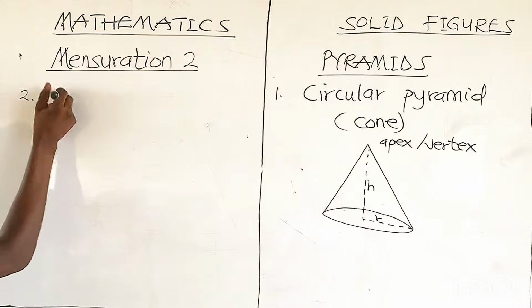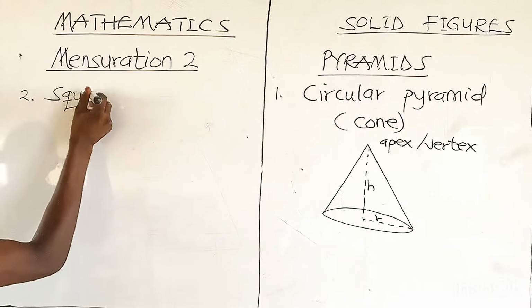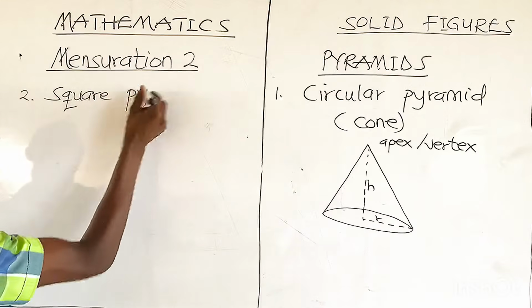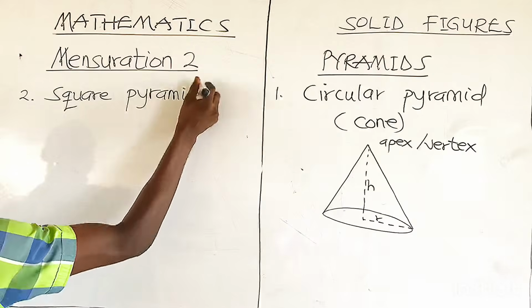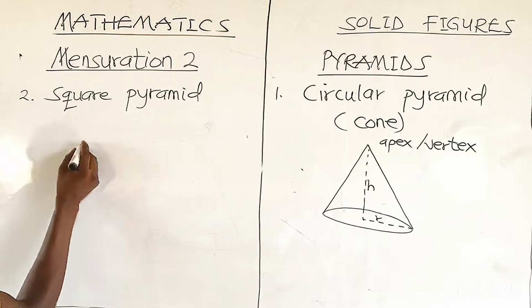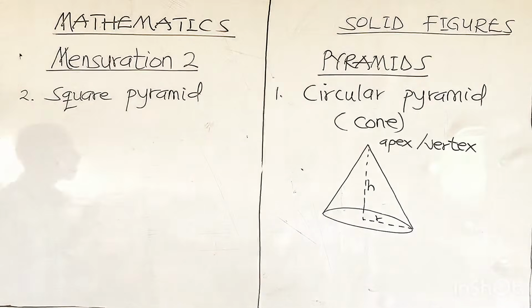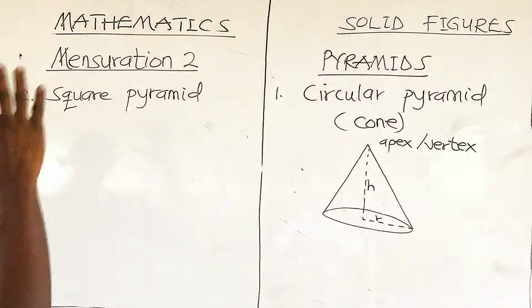Number two is the square pyramid. The square pyramid also has a square base and a conical top.